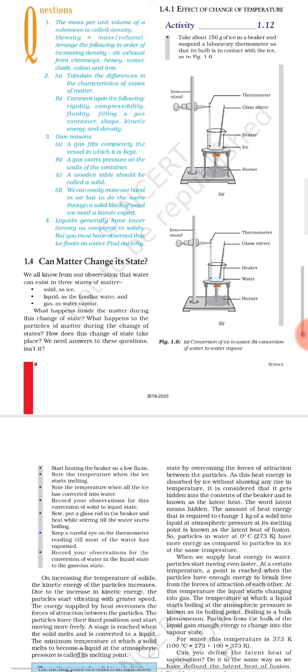Compressibility is also very small in liquids. Diffusion is moderate, that means the rate of diffusion is in between the solid and gaseous state. In the same way, the density of a liquid is in between that of solid and gaseous state. If you want, you can also add some other properties yourself, like intermolecular forces of attraction and intermolecular space.